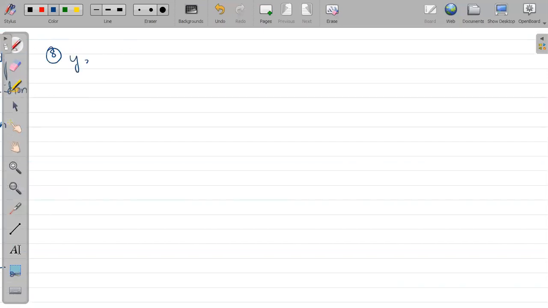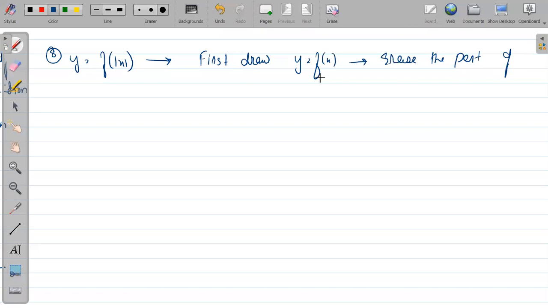y equal to f of mod x. What is the difference? We are putting mod over single x, right? First draw y equal to f(x). Erase the part of the graph, if any, present in the negative x direction.